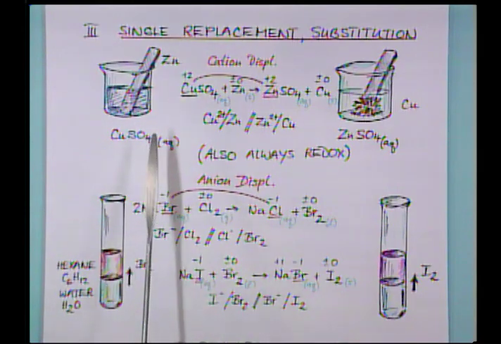That means zinc went into solution. From zinc atoms, we have zinc ions formed, and copper ions became elementary copper atoms that are not crystalline yet in the metal lattice. They haven't made a metal lattice as of yet.